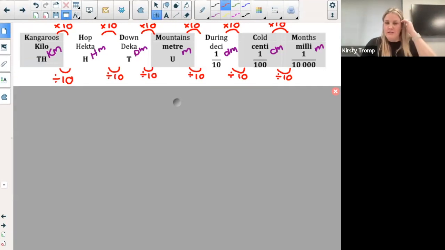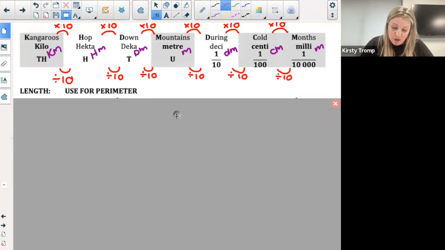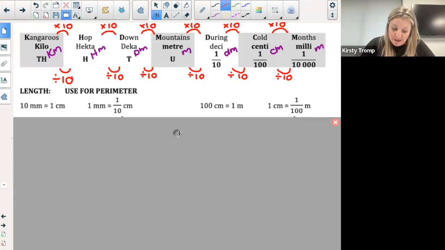Divide by 10. So, ma'am, what do you mean? Well, when we're using length and we're using it for perimeter, if we have millimeters, what do we do to convert millimeters to centimeters? There's the millimeters.